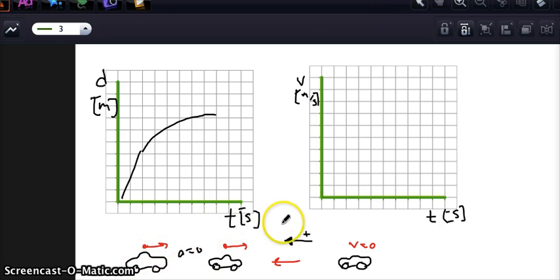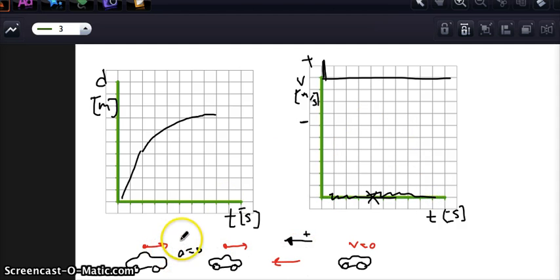Based on our positive direction here, it actually has a negative velocity to start. That's going to be a problem because our axis is the wrong way. So let's pretend this doesn't exist down here, and let's put our axis right there. So we have our positive velocities up here and our negative velocities down here. So again, let's just get rid of this guy right there.